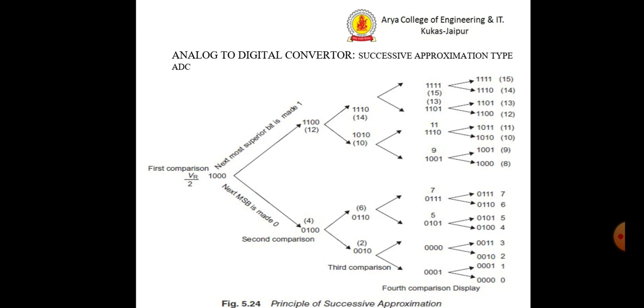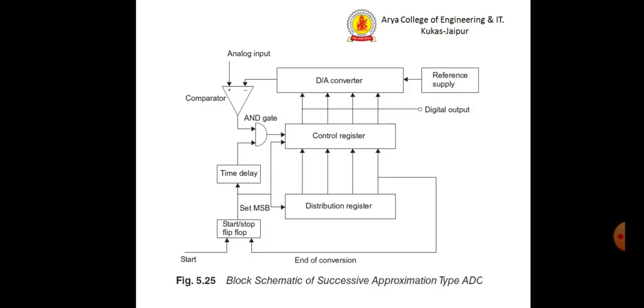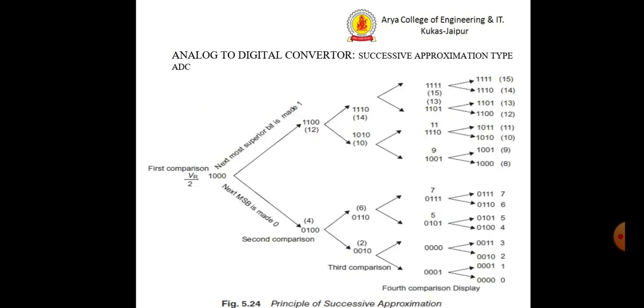Suppose the full scale reference voltage VR is equal to 1 0 0 0, which is equal to 8, then VR by 2 will be equal to 100.